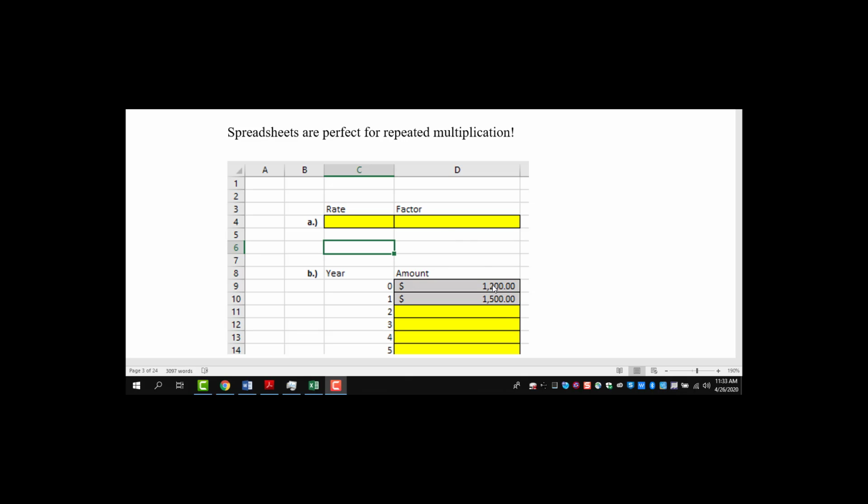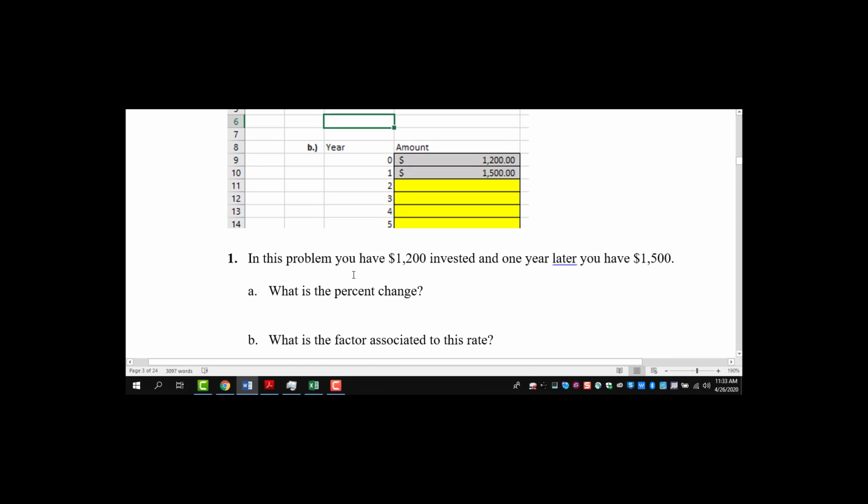Well, to do that, you'd have to find out what the percent difference is here, right? So you would take, what's the percent change? And recall, that's what the percent increase was.